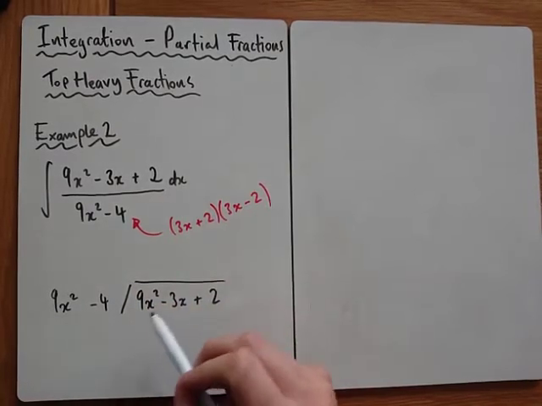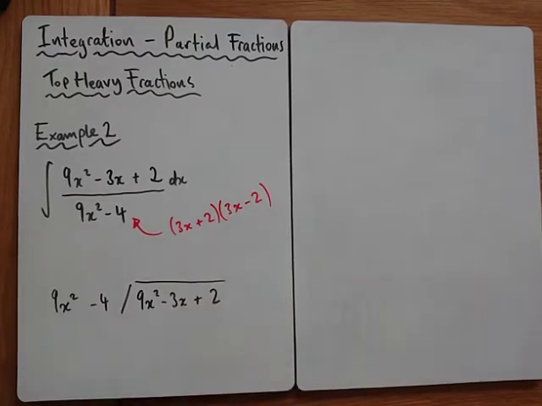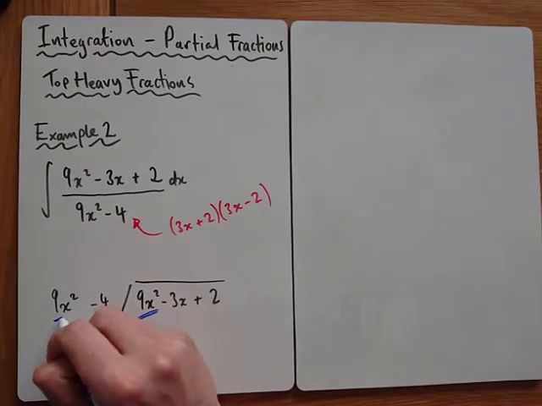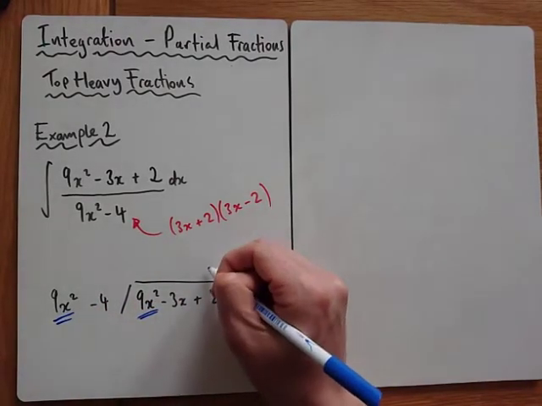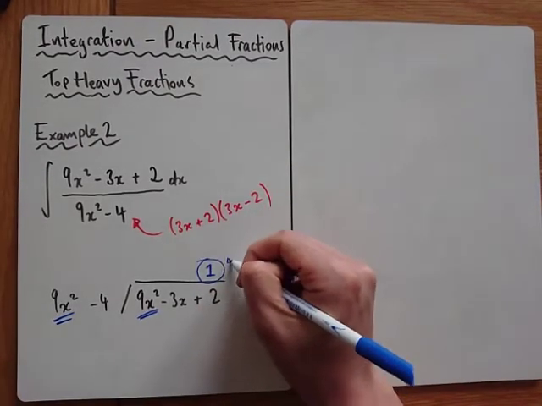I'm not going to do the full division for this one because I think partial fractions is quicker, but it is worth bearing in mind that I actually know straight away what one of my constants is going to be. The first step on the division is to do 9x squared divided by 9x squared, and you would be left with 1. That there is your quotient.